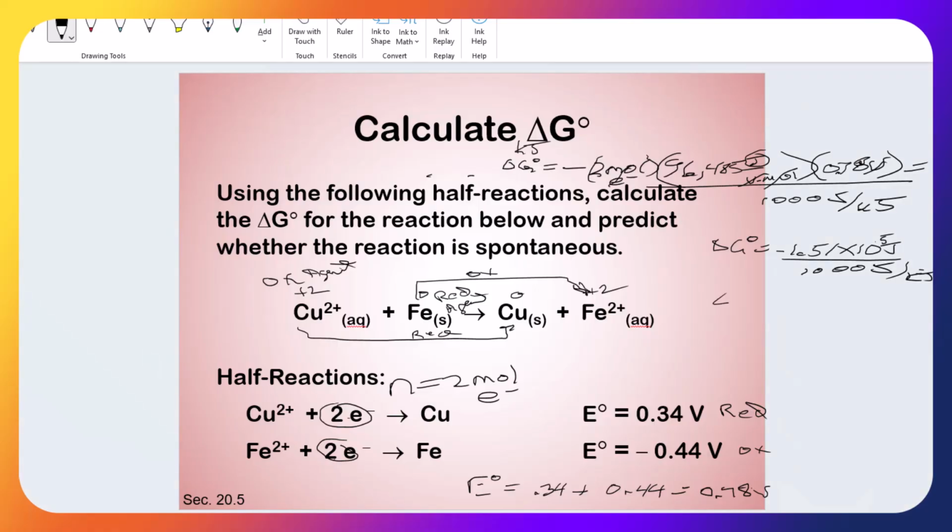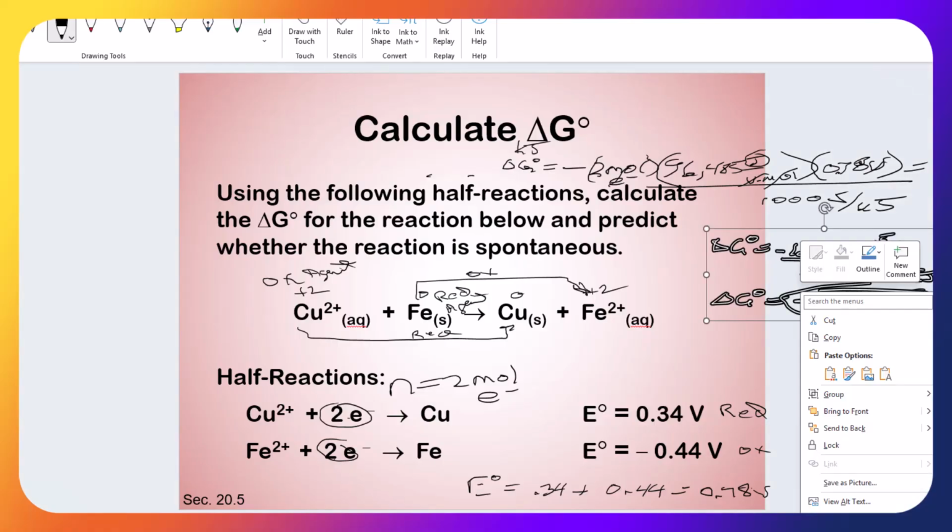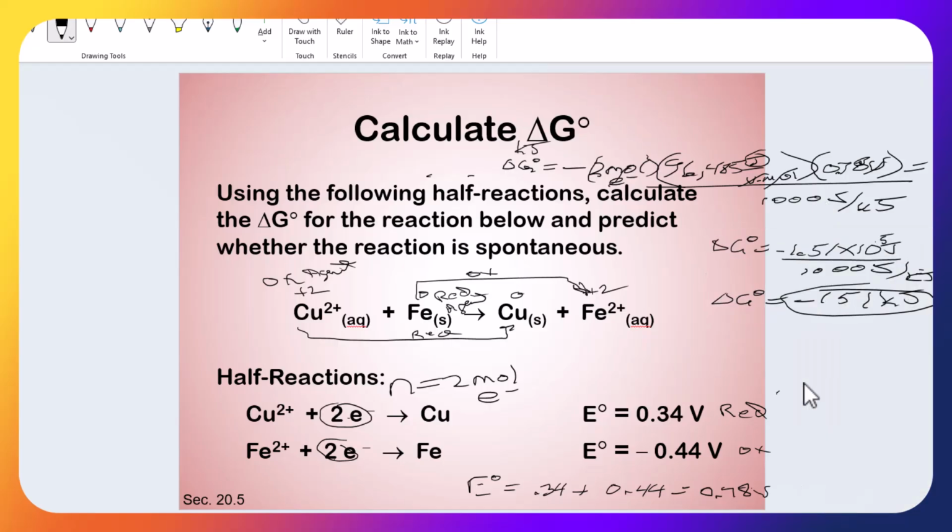And what that gives me for delta G naught is a negative 151 kilojoules. Okay, so delta G naught is equal to minus NFE. Remember this, delta G equals minus NFE.